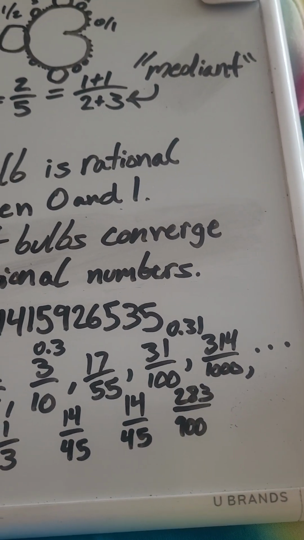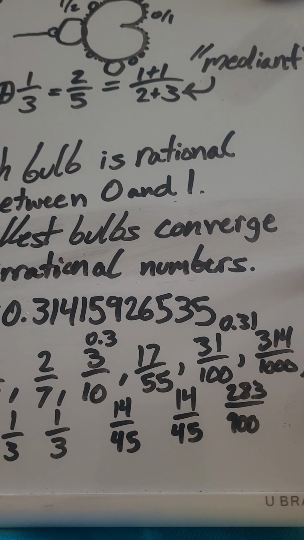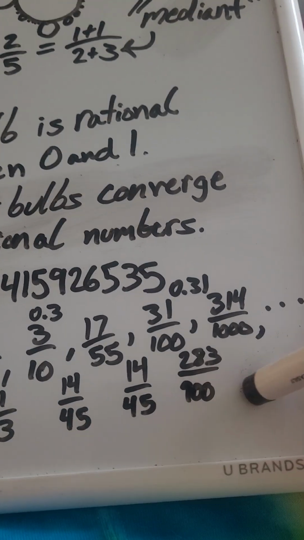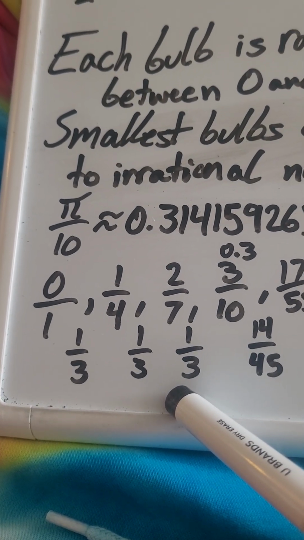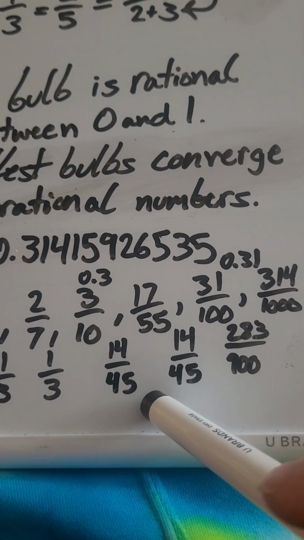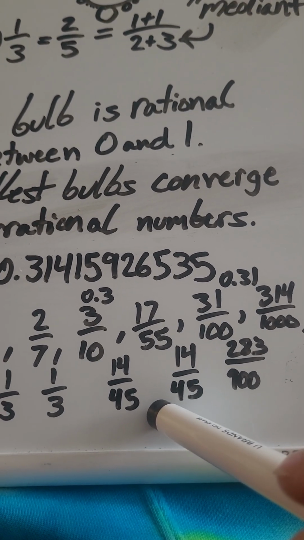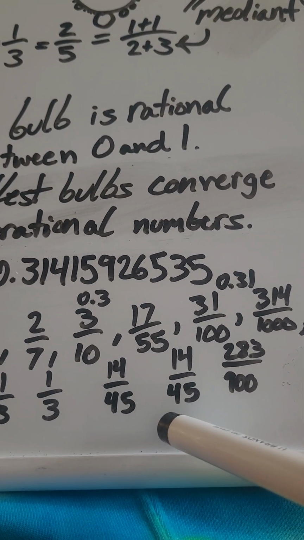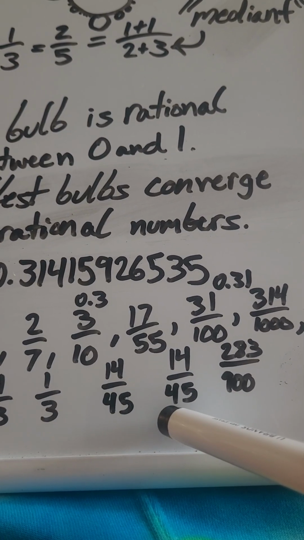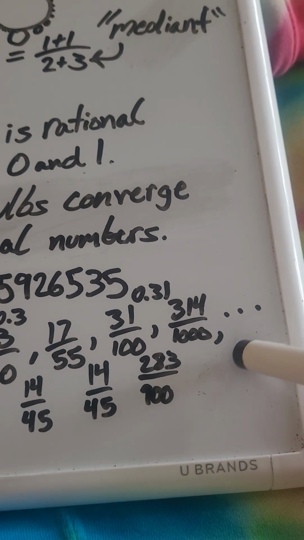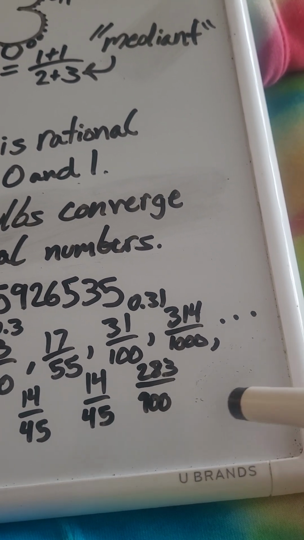Eventually, you hit a point where you mediant with a specific fraction many times. Like we medianed with the 1/3 bulb 3 times, and then with the 14/45 bulb twice. But eventually you find one that you have to mediant with 72 times in a row.